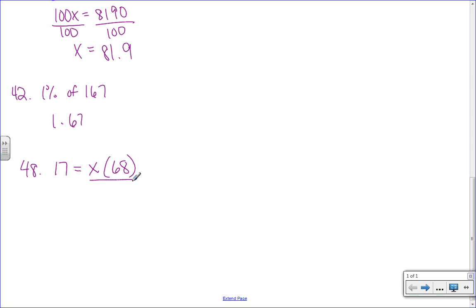Alright, and to get x, we'll divide both sides by 68. And we get 0.25 equals x. But this says what percent, so we actually want this number as a percent. So we'll move the decimal place over twice. We get 25%.